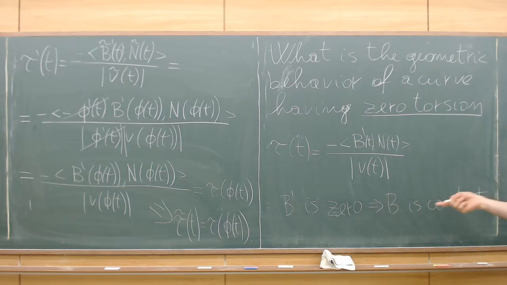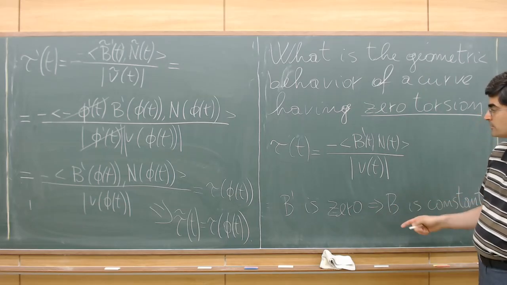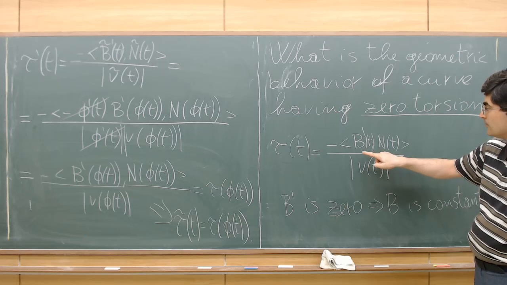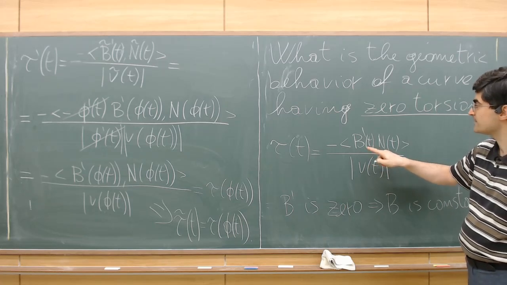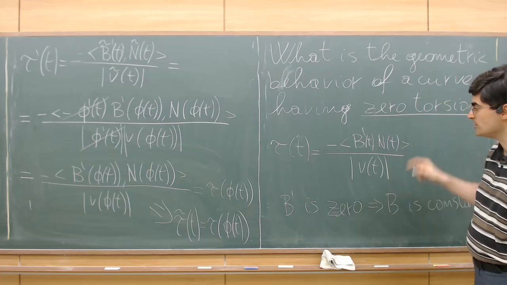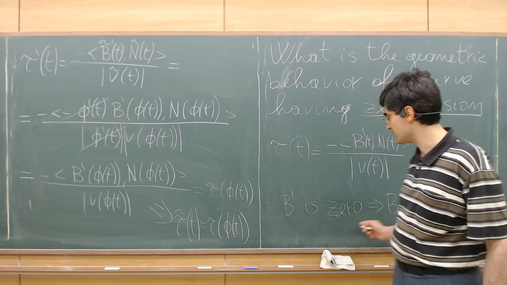You could make the following question. You could tell me why from the fact that the inner product of B prime and n of t equal to 0 you can deduce that B prime is 0.